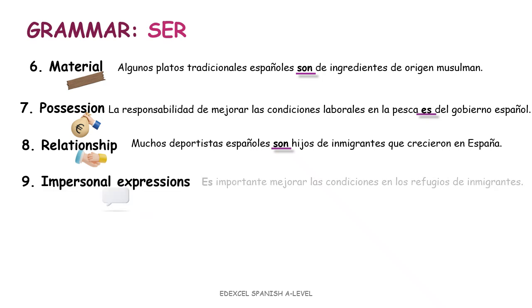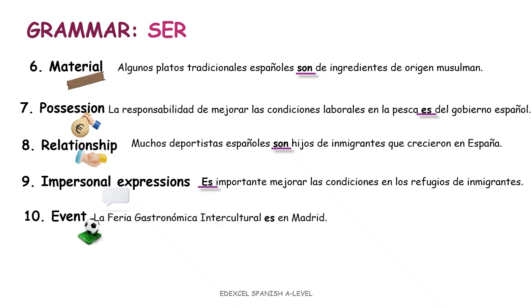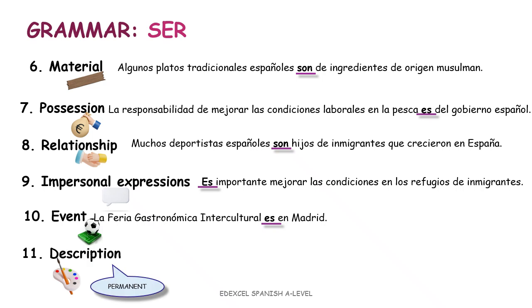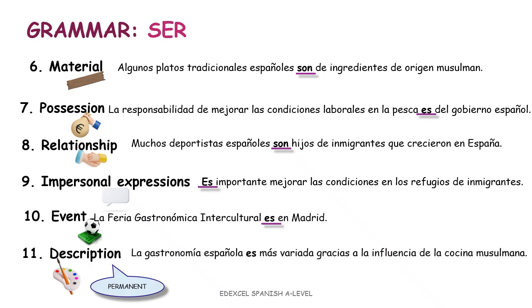Impersonal expressions. Es importante mejorar las condiciones en los refugios de inmigrantes. Event. La feria gastronómica intercultural es en Madrid. And finally, permanent description. La gastronomía española es más variada gracias a la influencia de la cocina musulmana.